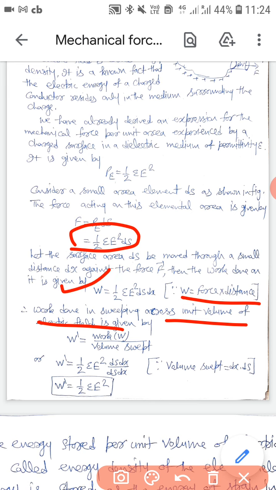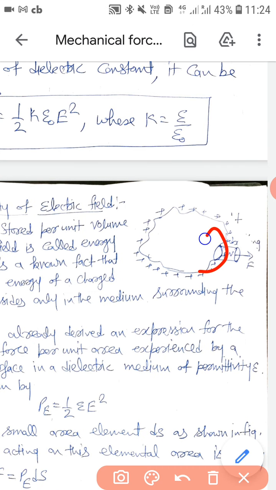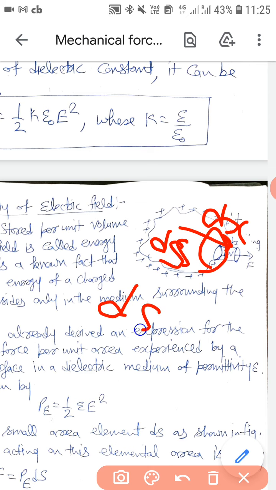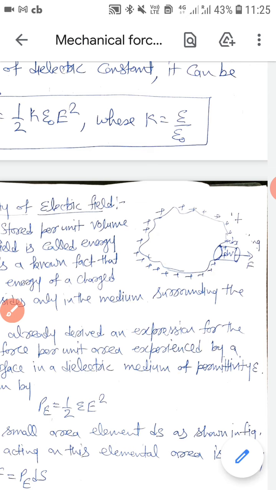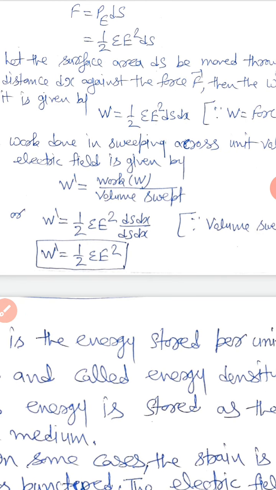Volume swept will be ds into dx, where ds is the area element and dx is this distance, so area into length will be the volume. So w dash will be 1 by 2 epsilon E square ds dx divided by ds dx. This gets cancelled out, so w dash will be 1 by 2 epsilon E square.